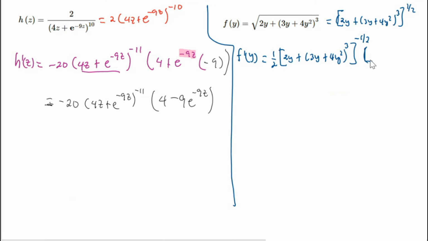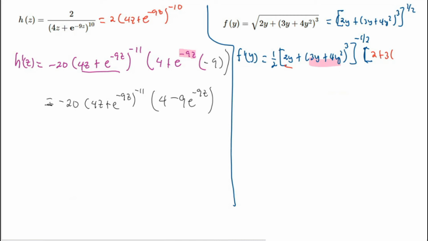I can use the bracket. The derivative of 2y is just 2, plus, since there is a quantity here to the power of 3, I will apply first the power rule. So this becomes 3 times, copy the entire of this.